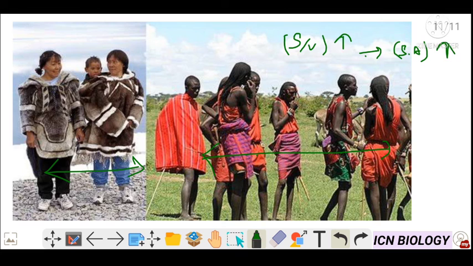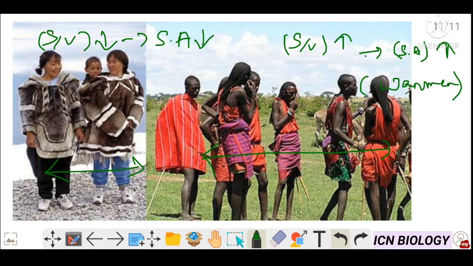Due to high surface area, they should be present in warmer climatic condition. Whereas in this population, the females have larger body size. Due to larger body size, their surface by volume ratio is less. Due to less surface by volume ratio, their surface area is also less. Due to less surface area, they should be present in colder climatic condition.